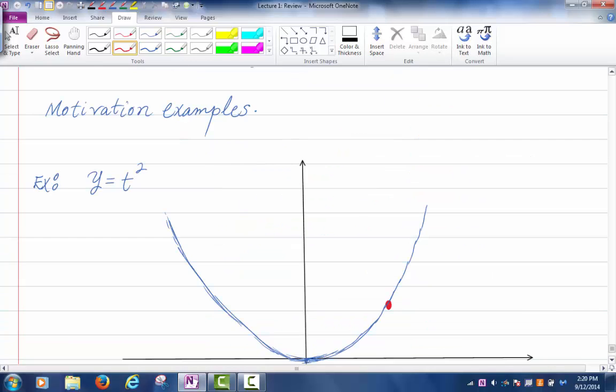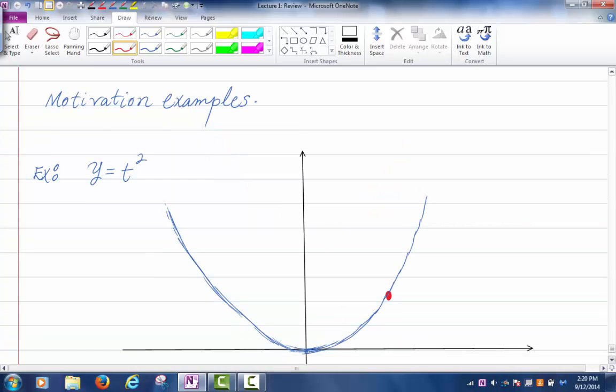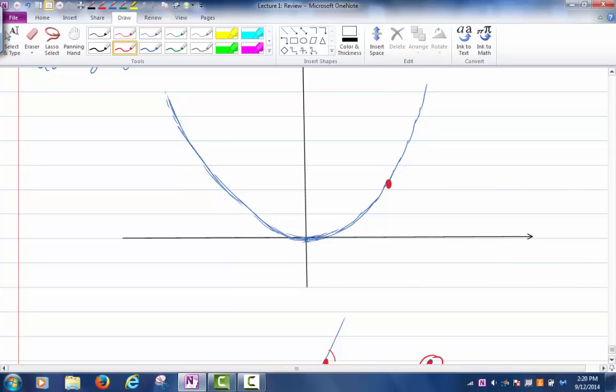Now, the problem that I want to look at is the following one. I have this parabola, and I want to know what's the slope of the tangent at the point, let's say, 1.